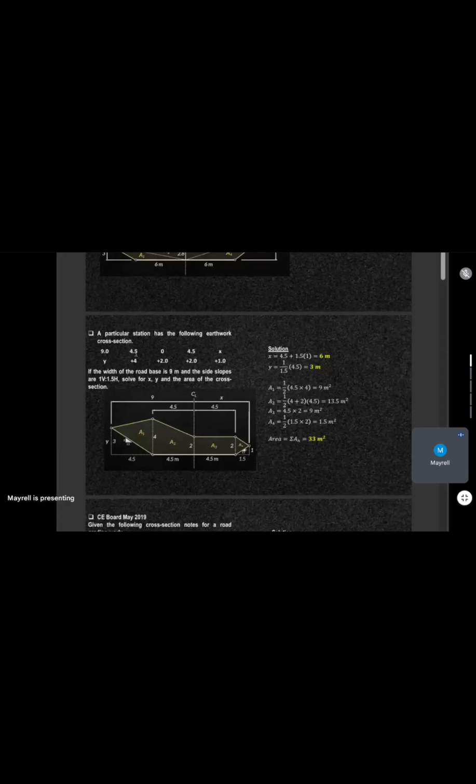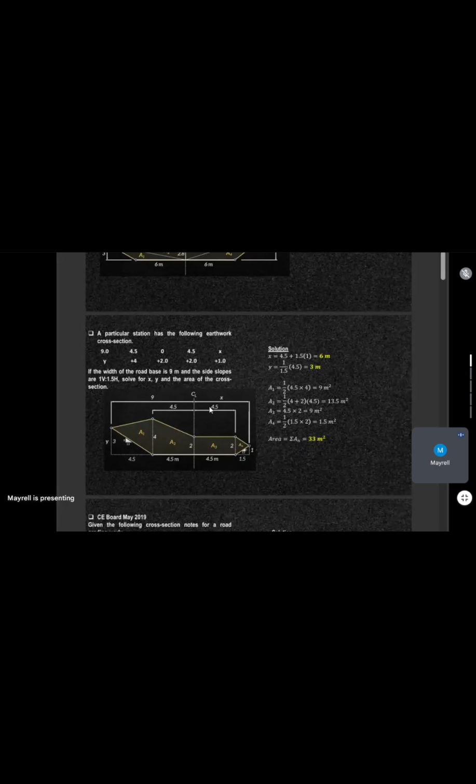So we plot the points. So where it is 0, that's where the center line is. So 0 and positive 2. So these are the distances in x and y. So 0 and 2. Then this side, let's have the 4.5 and 4. So this point.